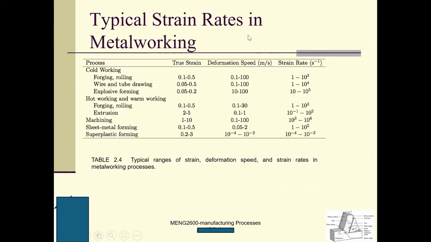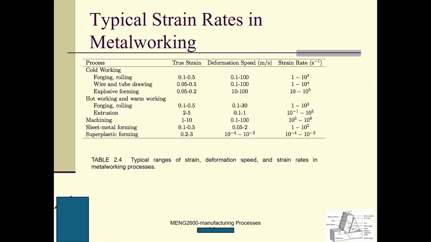There are typical strain rates in metal working. We have cold working and hot working, and machining. I'm a machining guy. Machining means metal cutting, material removal processes, lathes, milling, and these kinds of things. This is cold work, and this is hot work. So what's the difference between cold work and hot work? I want you to write it down, okay?